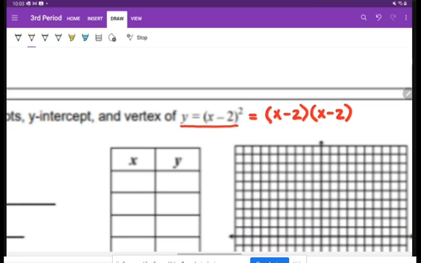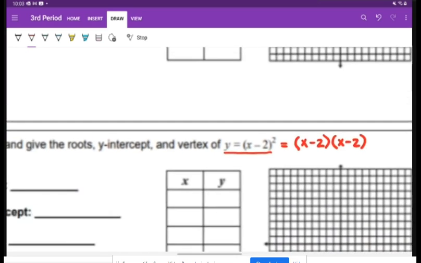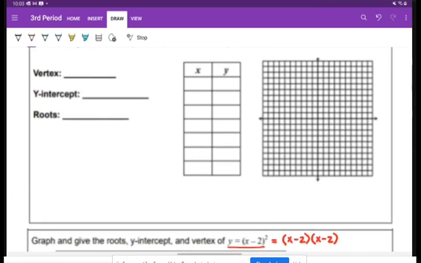Squaring x minus 2 is the same as taking x minus 2 times x minus 2. It's just written in a slightly different form. So this is a factored quadratic equation. It just so happens that our 2 factors happen to be the same. So you might want to write this out as 2 separate factors just to get a good visual of what this is. But for the most part, all the steps that you're going to do on this problem will be exactly the same. And there is another one like that on this worksheet.